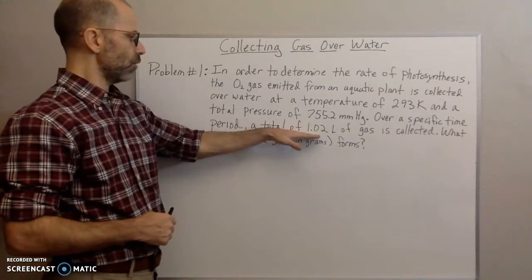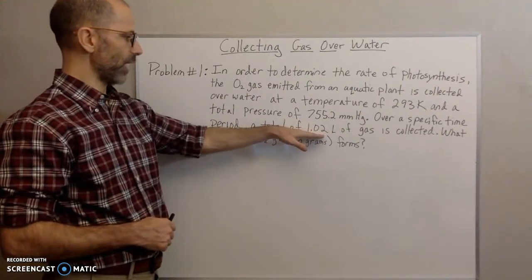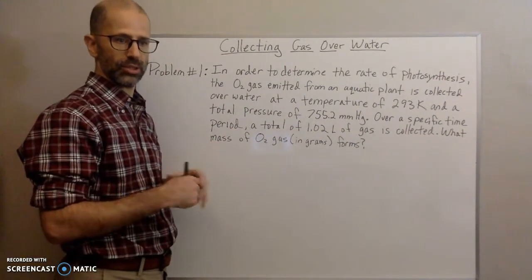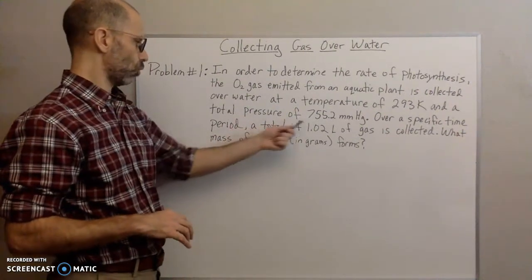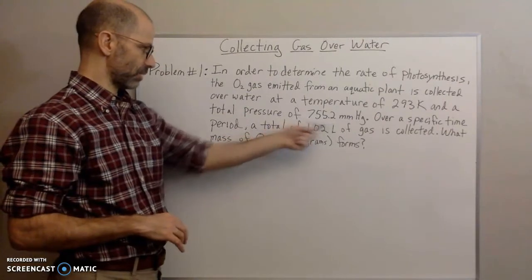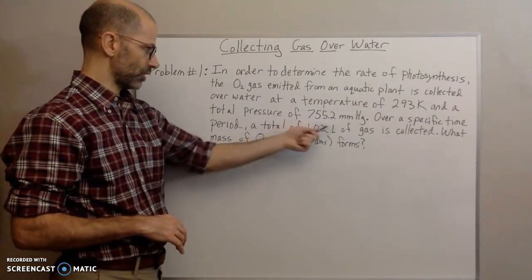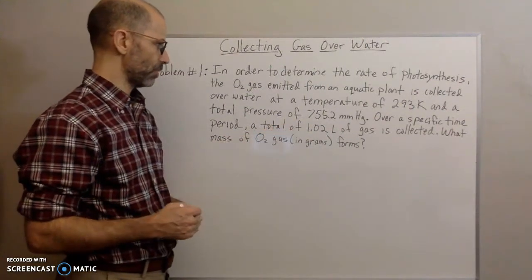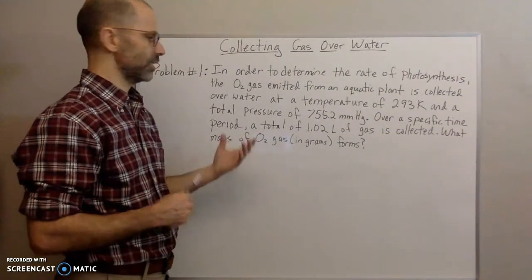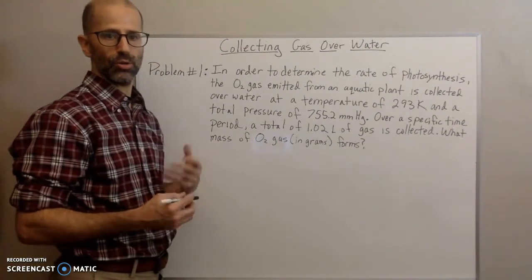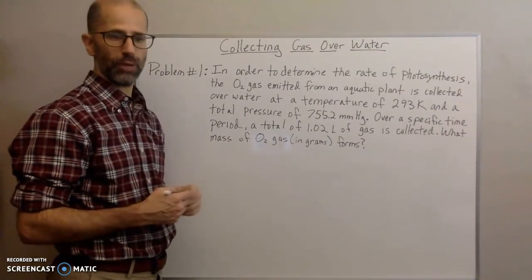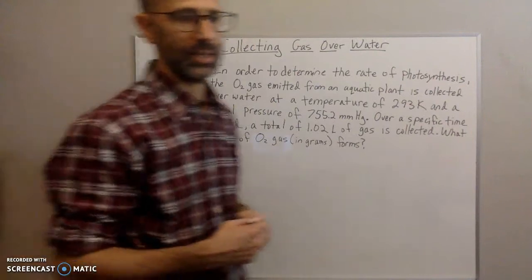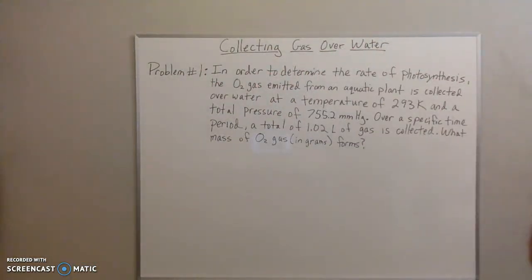We have this volume of gas, and the volume is going to contain both water vapor and oxygen. They give us the total pressure collected, so that's the pressure of both oxygen and water vapor. We're going to need to find the partial pressure due to water vapor, and for that you need to look in a table.